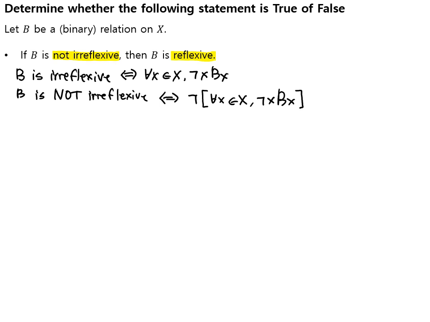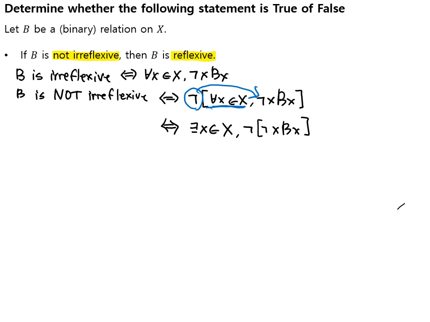But then we can move the quantifier inside, and we have to change the universal quantifier into an existential quantifier. By doing so, this basically amounts to: there exists an element x in X such that it is not the case that x is not related to x.